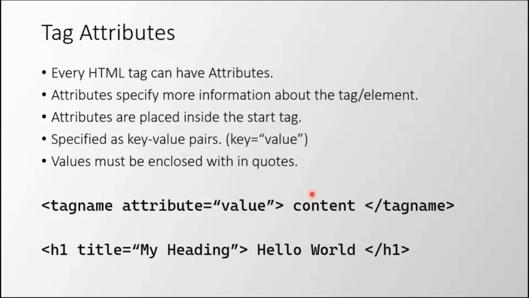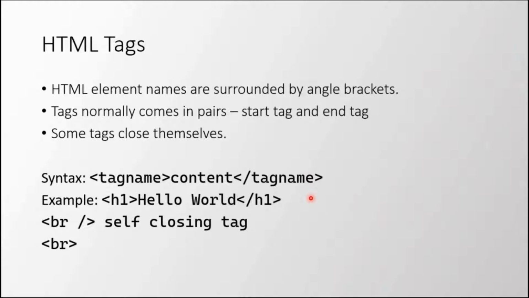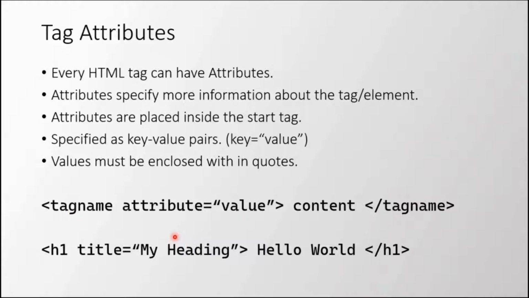So the two things that you need to remember are HTML elements or tags, which are generally in pairs, opening and closing. The closing will have a forward slash before the tag name. Some tags might close themselves. And the other thing is attributes.